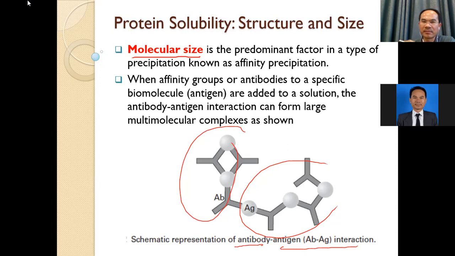If we add some antibody to the solution containing the antigen, the antibody-antigen interaction can form a multi-molecular complex. Then we will form the solid and precipitate out of the solution. This is based on the molecular size.